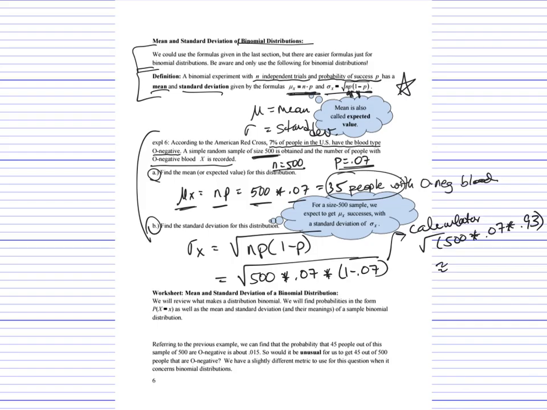I'm going to get that. And what is that? That is about 5.71. Again, that has the same units. So, on average, a sample of 500 should get about 35 people with O negative blood, with a standard deviation of 5.71.